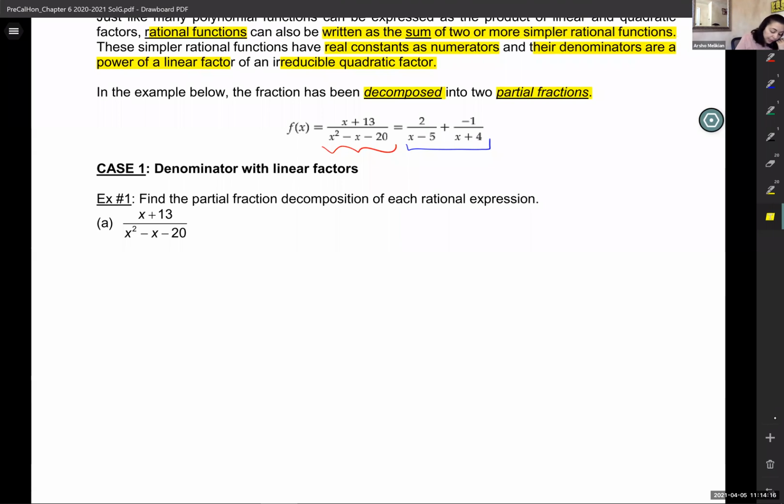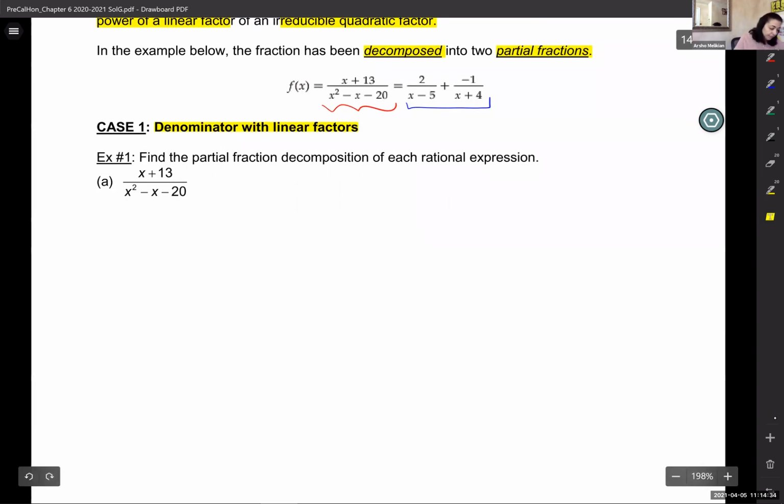Case one is if you have a denominator with linear factors, all right? So take a look at this one. Yes, this is the function from above, right? But we're going to see what the process was to get us there, okay? All right, so take a look at this. The first thing you want to do is factor the denominator here.